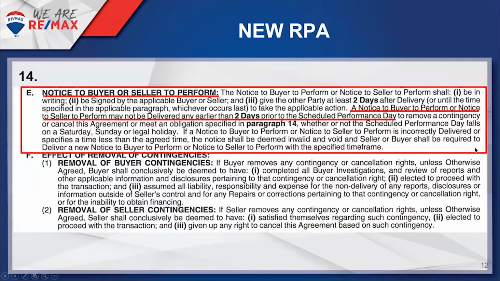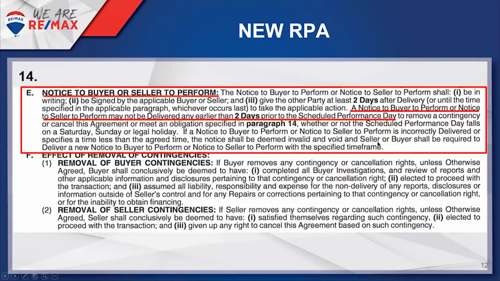So if a buyer is supposed to do something on day 14, you cannot give it any earlier than day 12. If it's day 17, it would be day 15, and you can give the notice to perform.